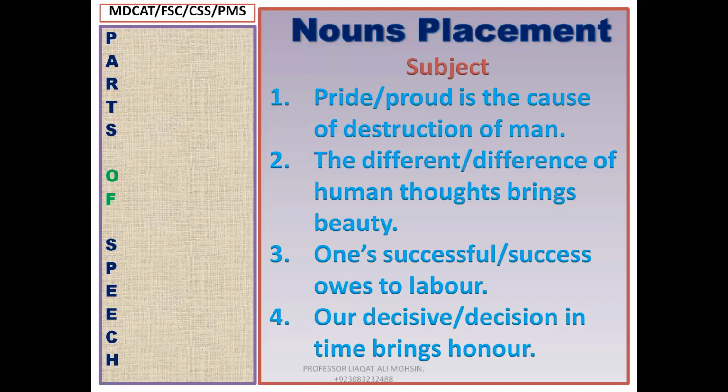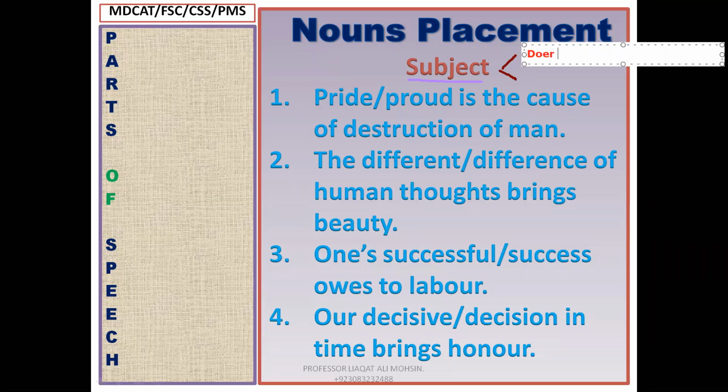Suppose we take a look at these examples. The first function of the noun is a subject. It is used as a subject. Now, the question arises: what is a subject? Subject has two interpretations. One interpretation is that the subject is the doer of an action, if there is a verb.